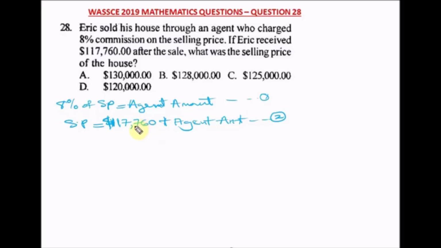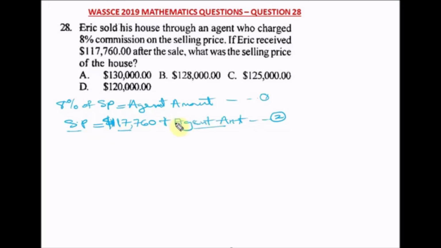His commission is 8% of whatever price he sells it for. So he removes his commission, which is the agent amount, and gives you the balance. The balance given to Eric, plus the agent amount, gives us the total selling price.